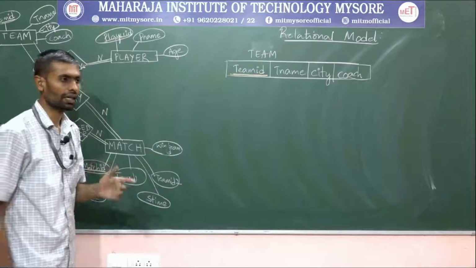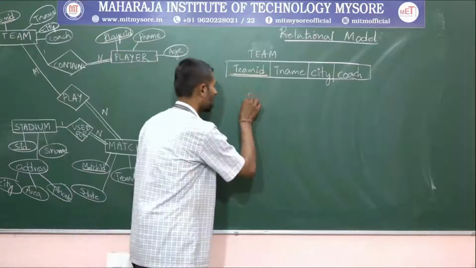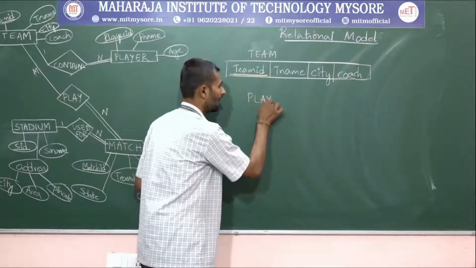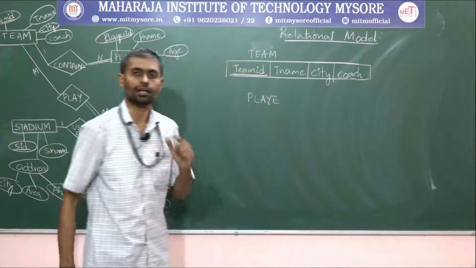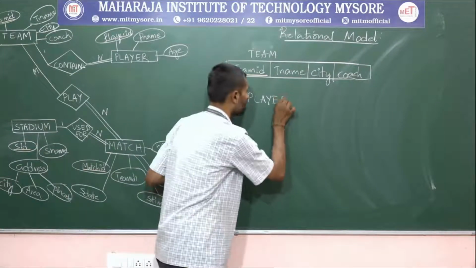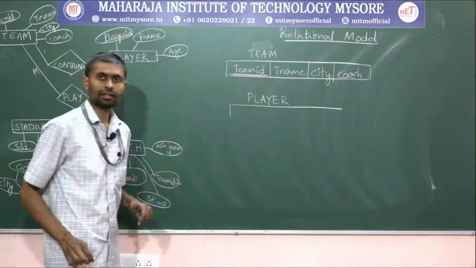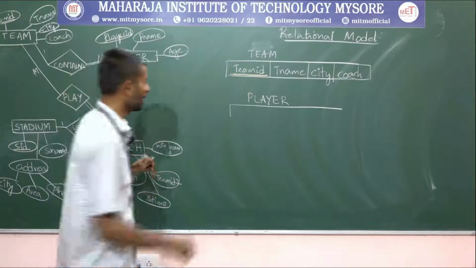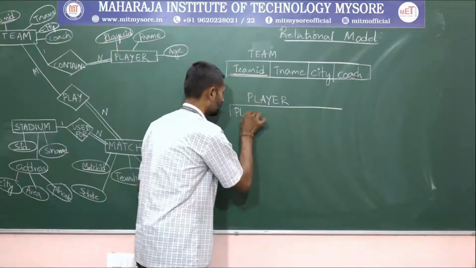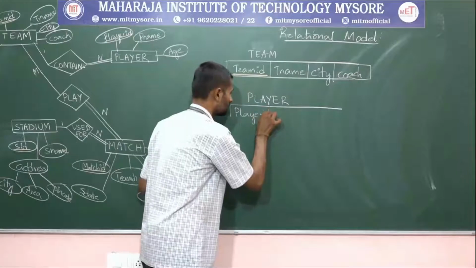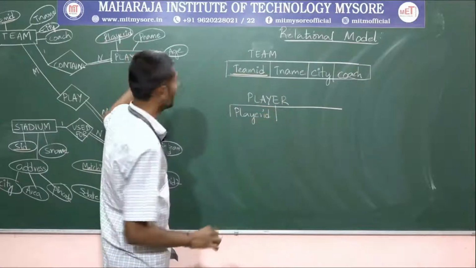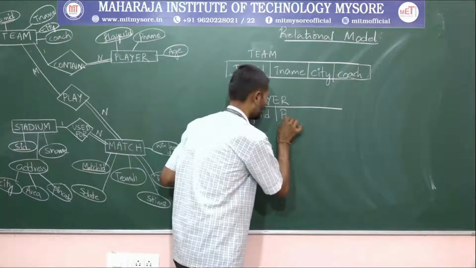Let me take up this player now. So player is a regular entity type. So for that, I'll go with creating a new relation, player. And what are the attributes associated with this player? Player ID, then player name and age.